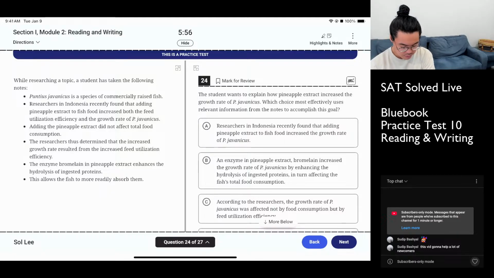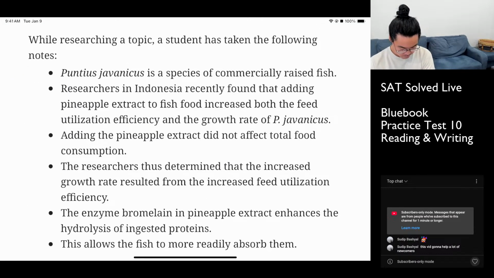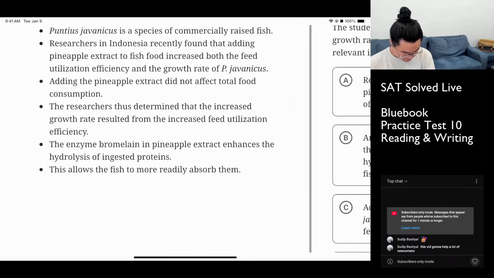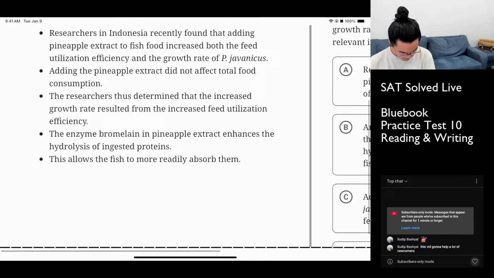We're in synthesis. Okay, explain how pineapple extract increases the growth rate of PJ. Found that adding it increases the feed utilization efficiency and growth rate. Okay, but we're focusing on growth rate, right? Yep. Feed utilization is what creates the growth rate because of hydrolysis of proteins.